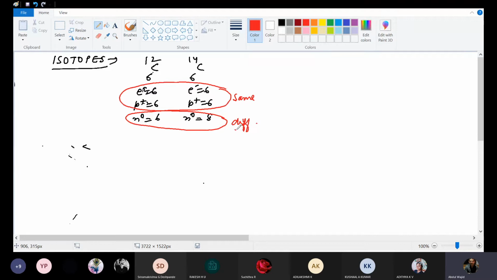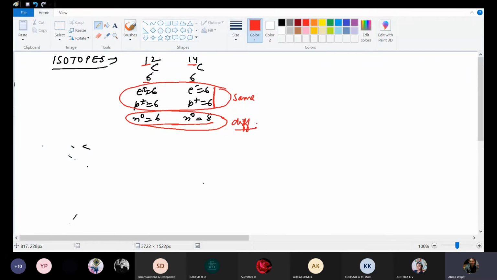So what isotopes are? Everybody used to say that they have the same atomic number and different atomic masses. Everybody knows this, so they won't be asking you a question from this, and if it is from there, then it will be easy for you to handle. But if it is not there, then how will they ask you the question? What isotopes are? Isotopes are those species which have a different number of neutrons, but the same number of electrons and protons.